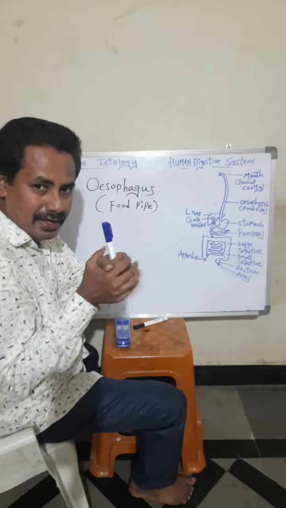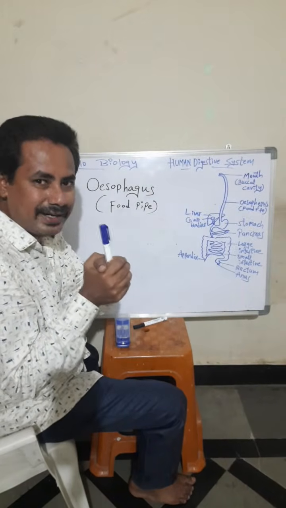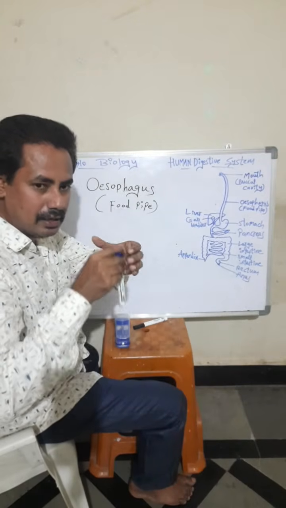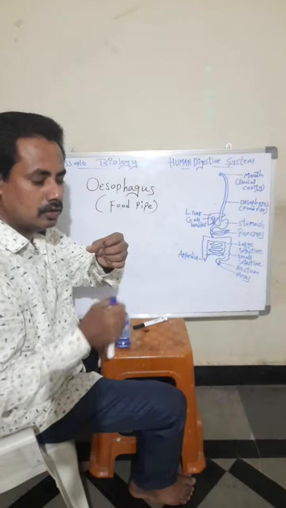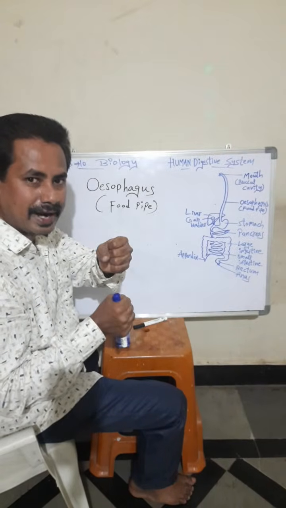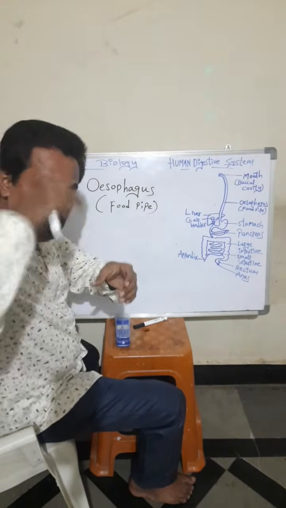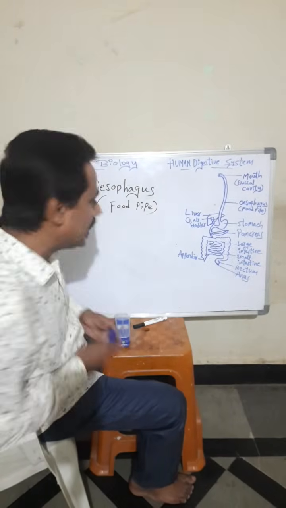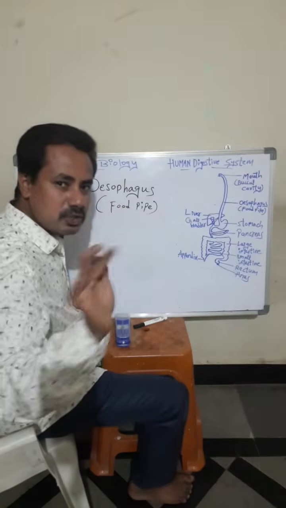Already it is in a contracted mode. When the food comes, it will relax and the food goes down. It will contract, relax, contract, relax. It will push the food down. This is known as peristaltic movement. In the esophagus, what happens, students?